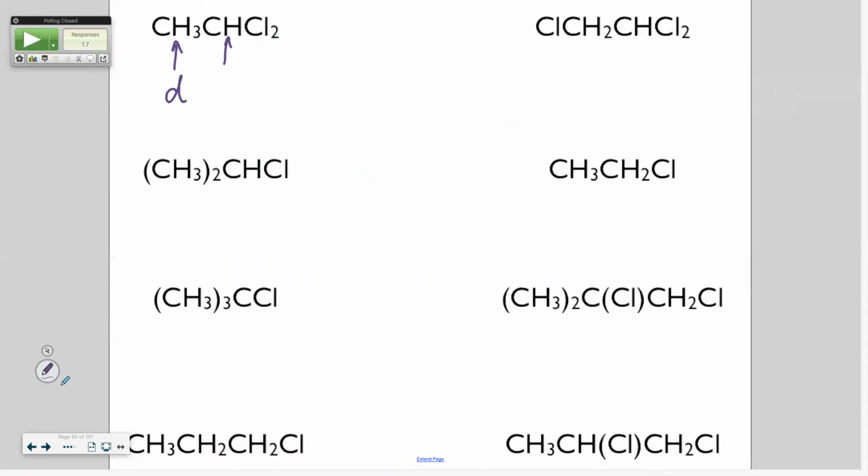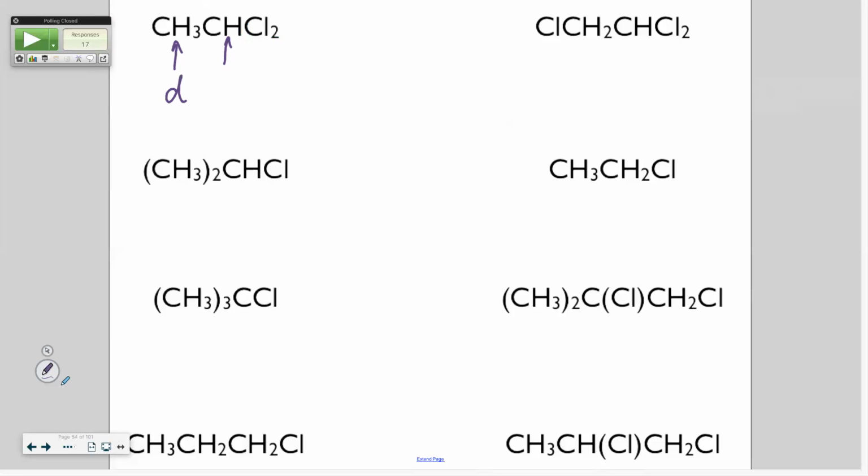What's the other possibility going to be? 2 unaligned and 1 up. So we're going to go down, down, up. What else? Down, up, down. And the third one is going to be up, down, down.